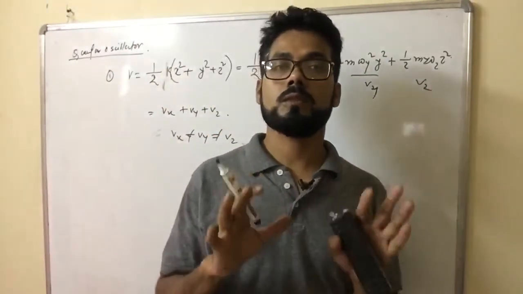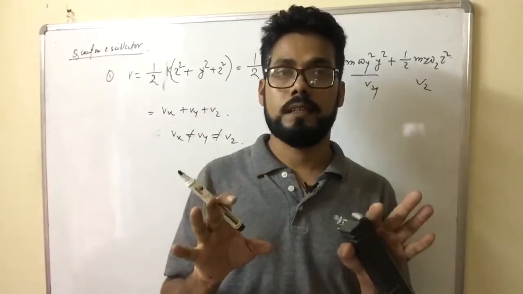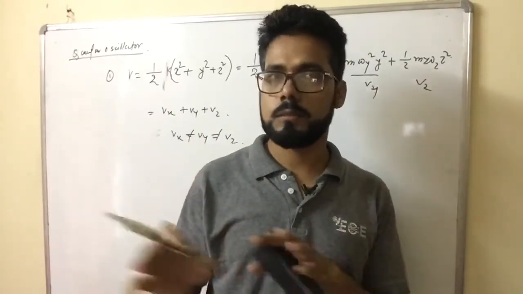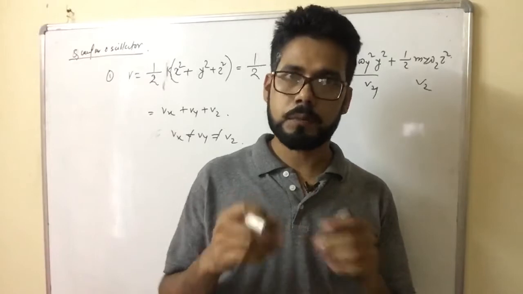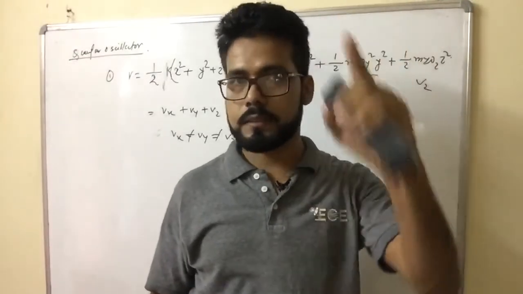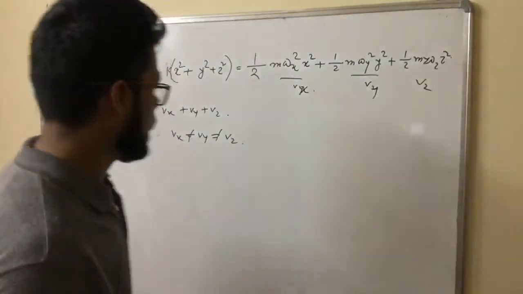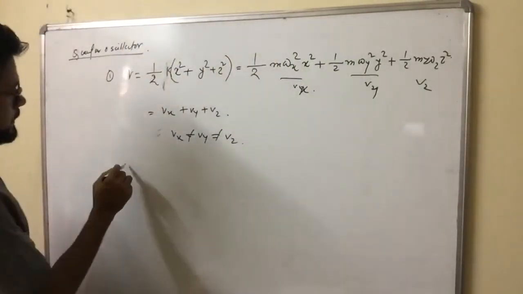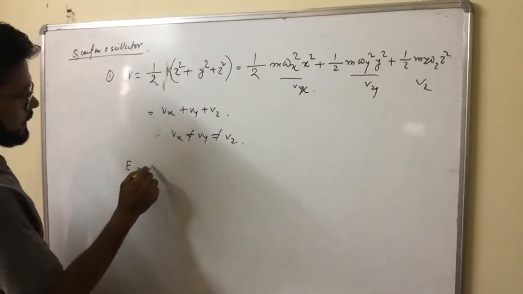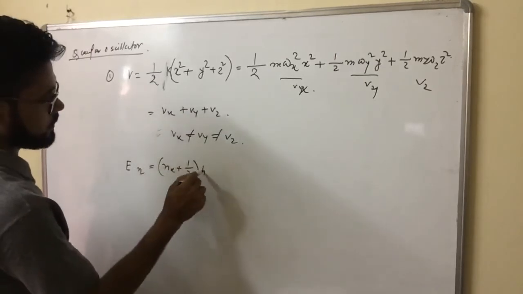That means this three-dimensional oscillator has anisotropic behavior, meaning any property along the x-axis is not similar to the y-axis or z-axis. That is called an anisotropic three-dimensional harmonic oscillator. So the energy in this case will be (nx plus half) h cross omega x.